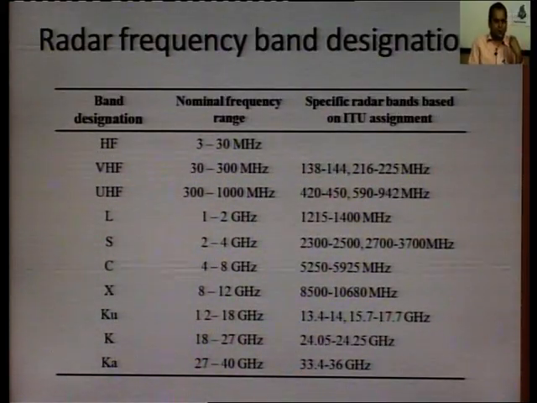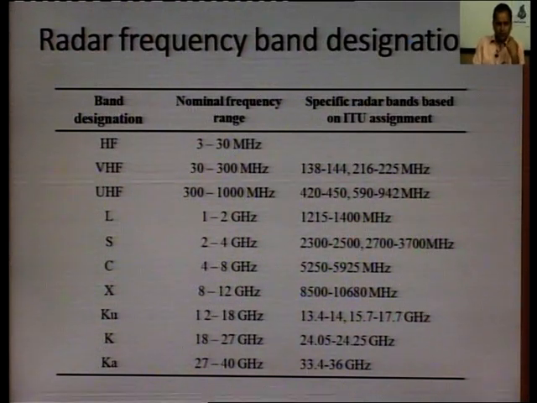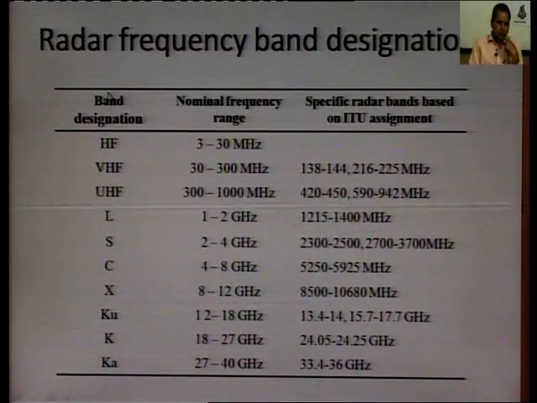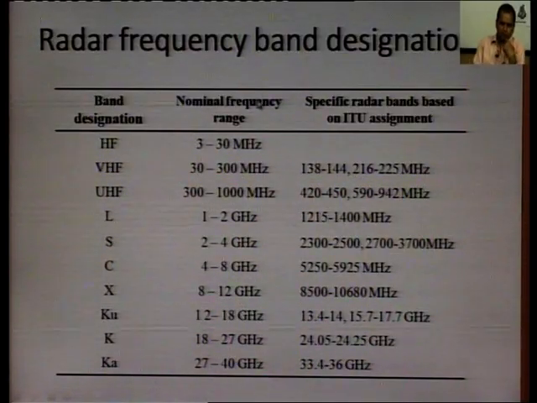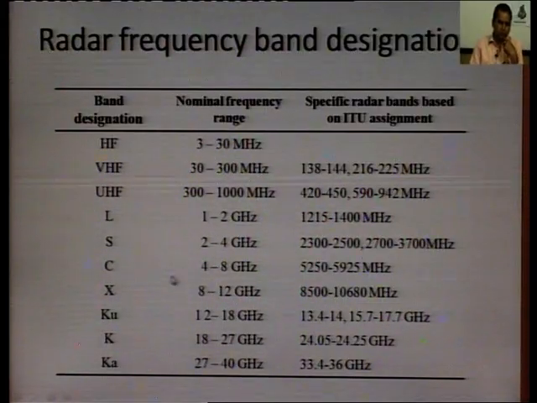Now, these are some of the frequency band designations. This table shows band designation and nominal frequency range. HF 3 to 30 megahertz, VHF 30 to 300, UHF 300 to 1000 megahertz, L 1 to 2, S 2 to 4, C 4 to 8, X 8 to 12, Ku 12 to 18, K 18 to 27 and Ka 27 to 40 gigahertz.